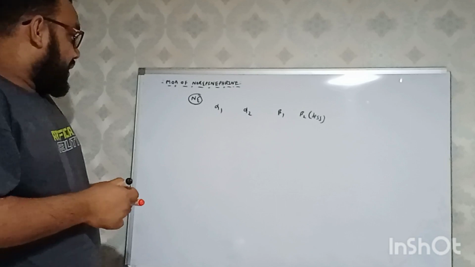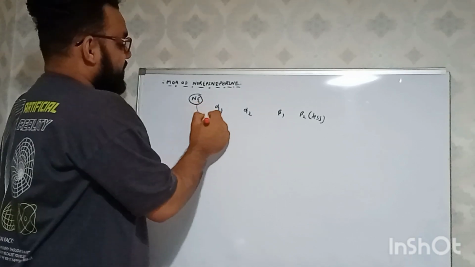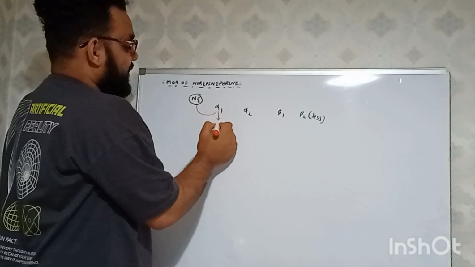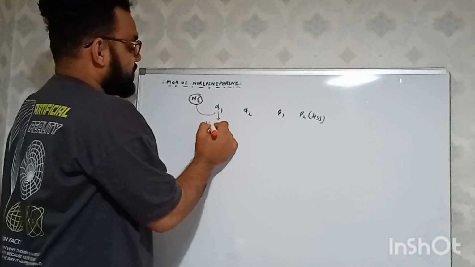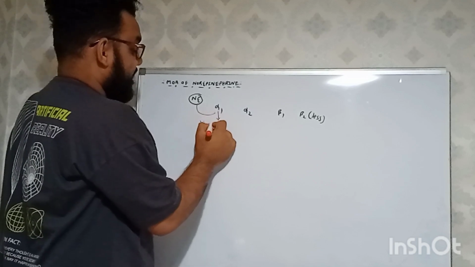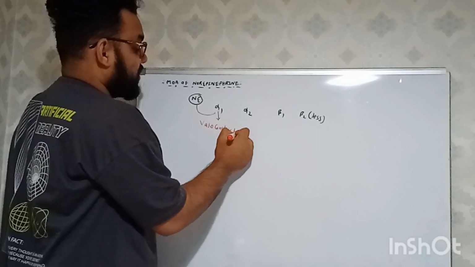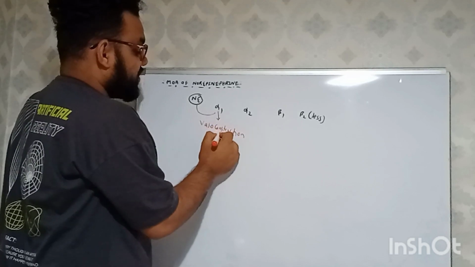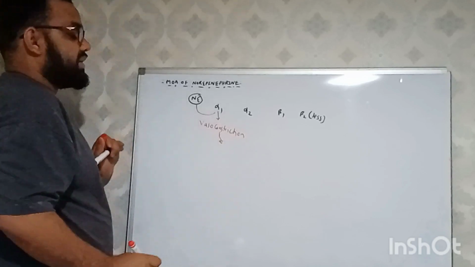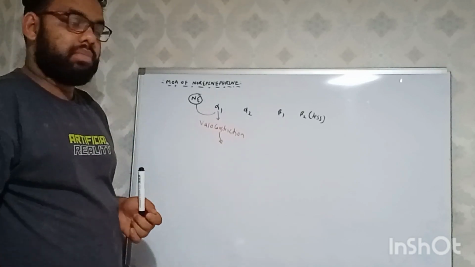Now once norepinephrine works on the alpha 1 receptors, what do we know? That will cause vasoconstriction. Once the vasoconstriction is there, as a result we see an increase in what? Diastolic blood pressure.